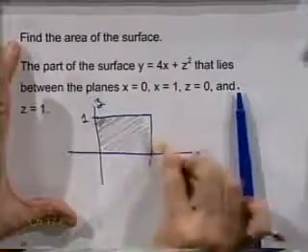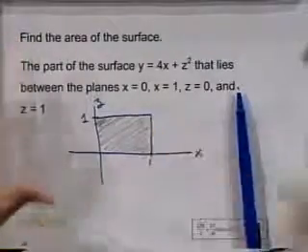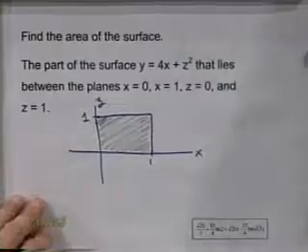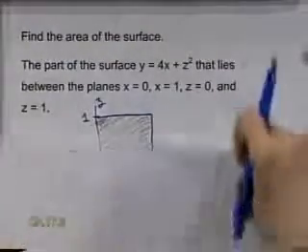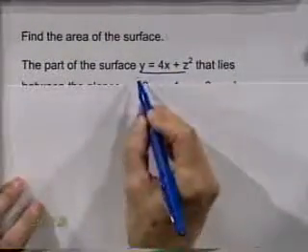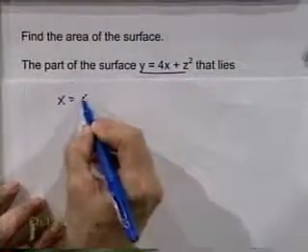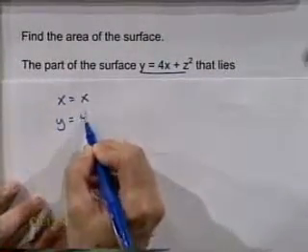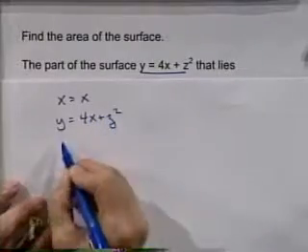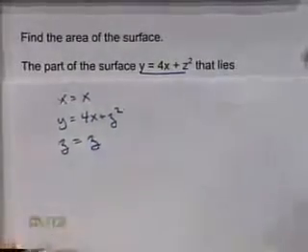You're integrating over that square. So setting it up is pretty straightforward. We'll do that quite quickly. Since the surface has y in terms of x and z, I think we'll let x be x, y will be 4x plus z squared, and z be z.